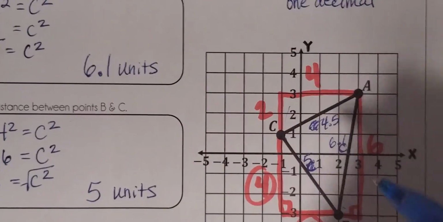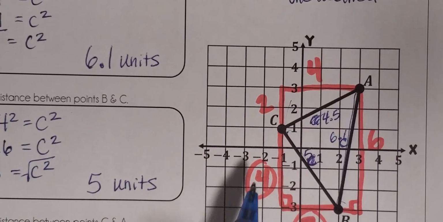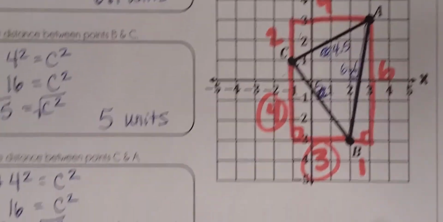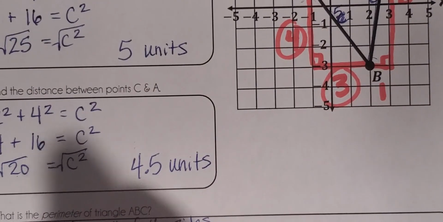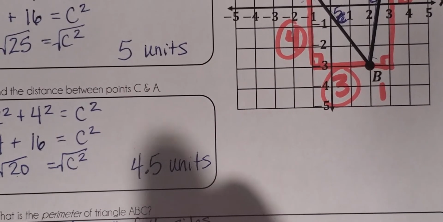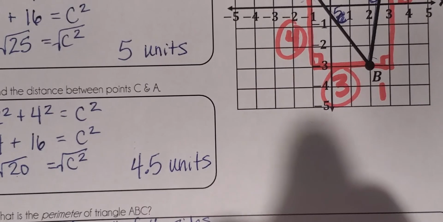So this 6.1 is this side. 5 would be this side. And then I have my 4.5. So I would add up all 3 of my sides that I found. So 6.1 plus 5 plus 4.5. And that would equal 15.6 units.